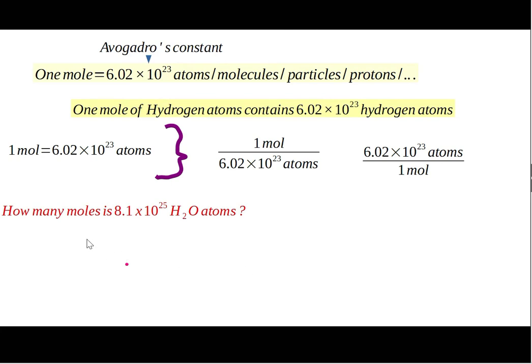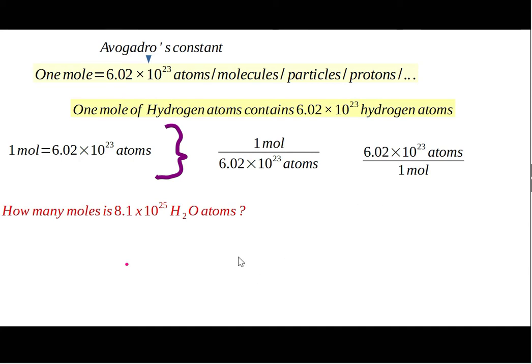My problem is: how many moles is 8.1 times 10 raised to 25 H2O atoms, or water atoms? So I know that I have the number of atoms. What I want is the moles. So which of these ratios or formulas do you think I should choose so that I can get moles?